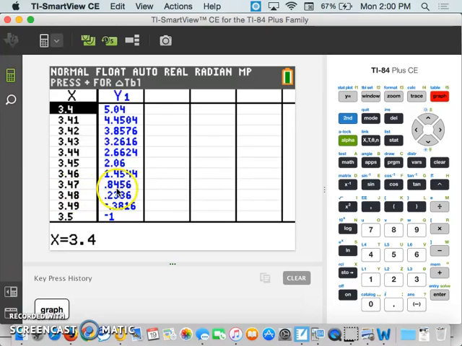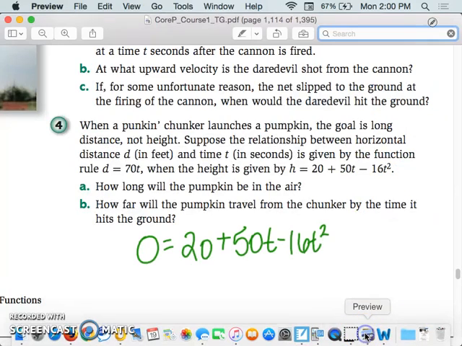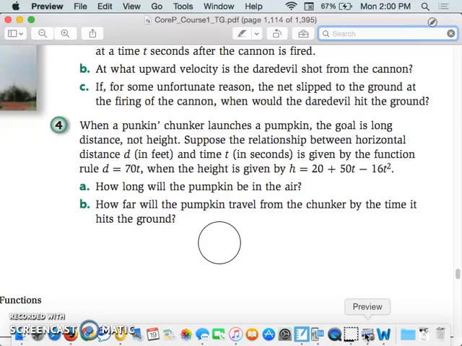So we'll say that right there is when it hits the ground, at 3.48 seconds. So it is in the air for 3.48 seconds.